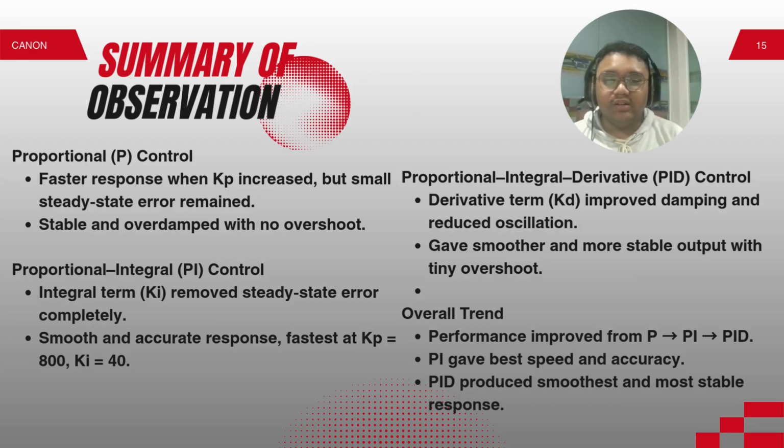Finally, for the overall trend, we can see the performance improve when moving from PI. PI provide the best speed and accuracy, while PID produce the smoother and more stable response. And that is the summary of our observation.